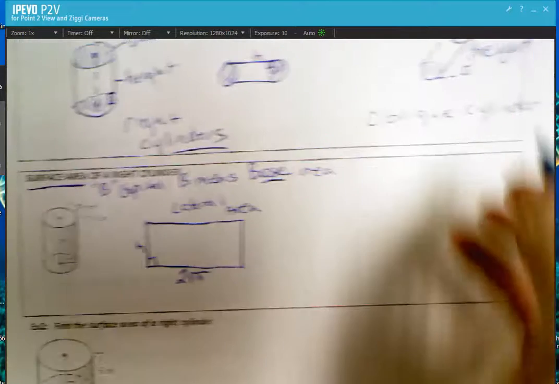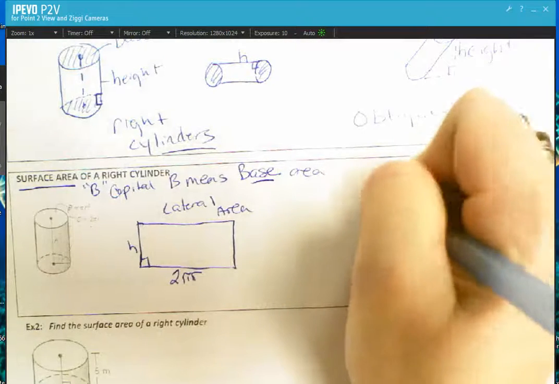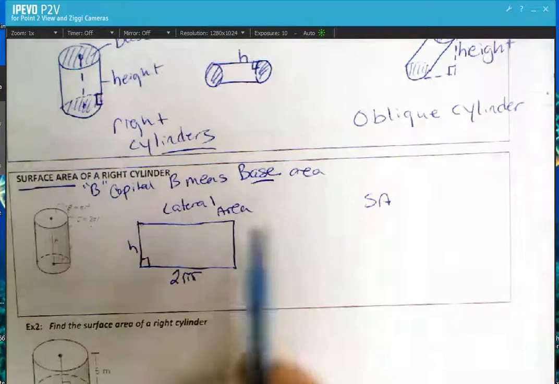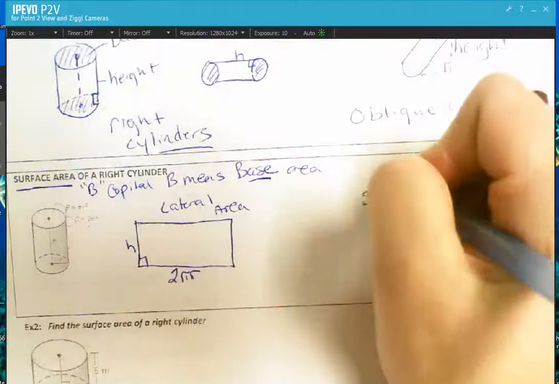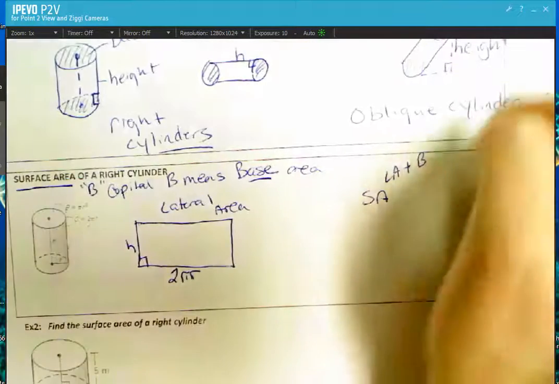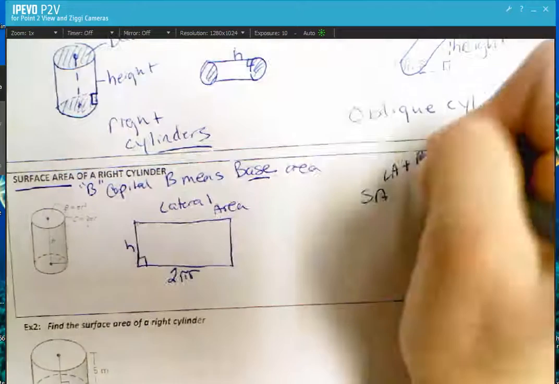That's my lateral area. My surface area then is the lateral area plus the base area. And I still have two bases.